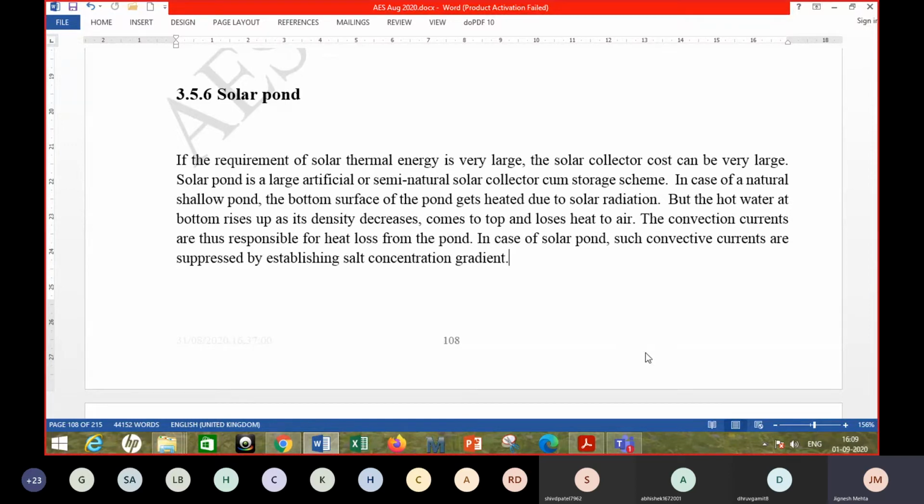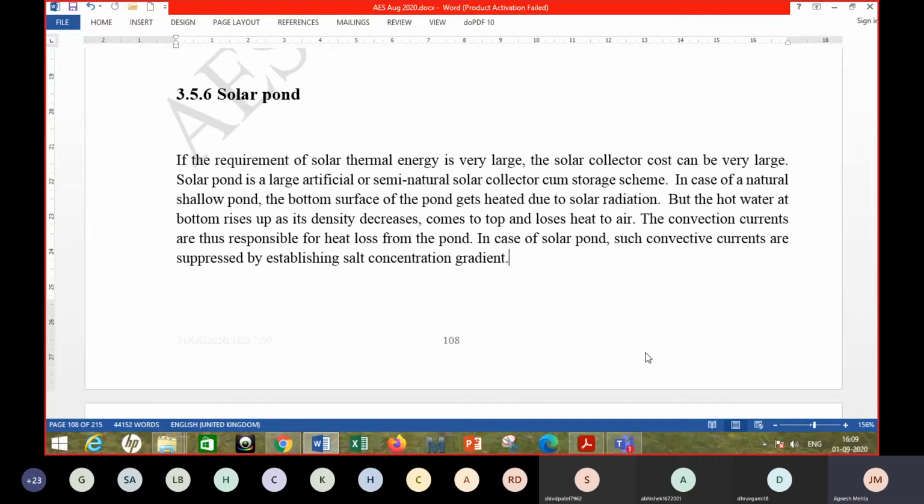The solar pond is a large artificial or semi-natural solar collector or storage. So a solar pond doesn't just convert solar energy into heat, but also stores it in large quantity and for a longer period of time.